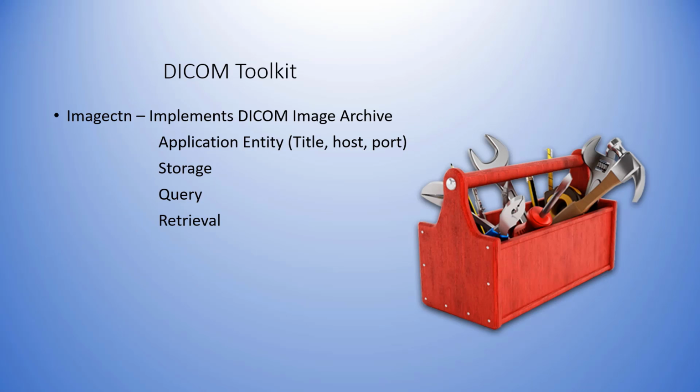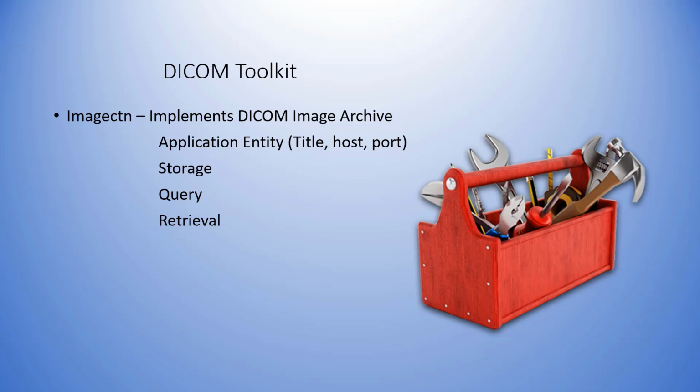Let's look at some of the commands we have in our DICOM toolkit. The command image contain implements DICOM image archival or storage. It uses the application entity, which is the information about the patient and also about the host and the port.